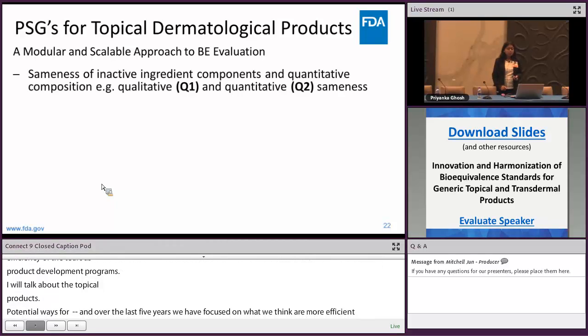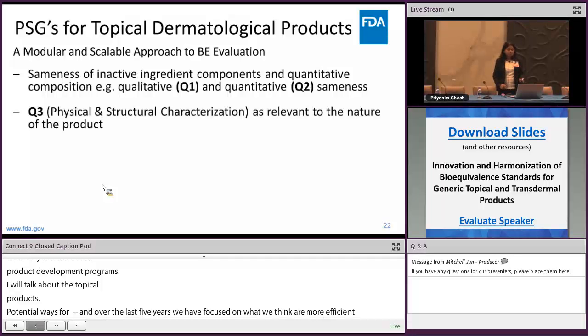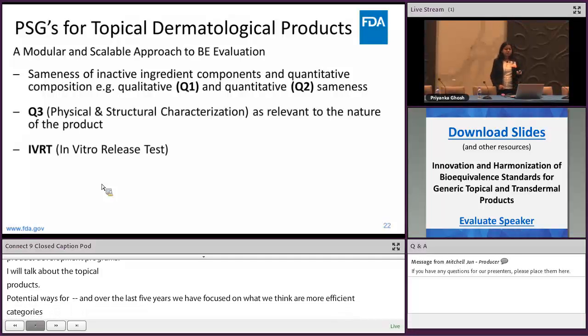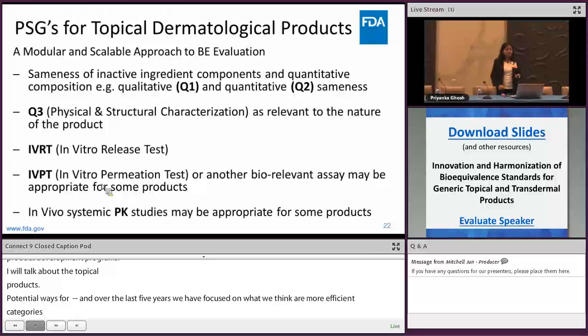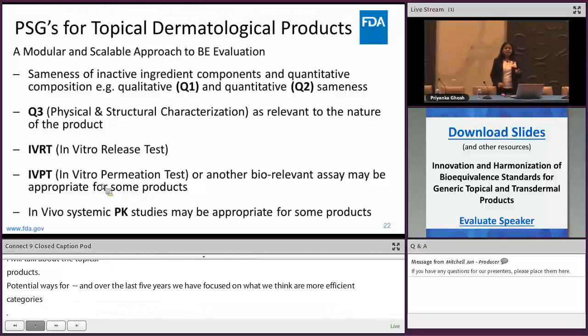I'm not going to go through this slide in a lot of detail because Dr. Rane already talked about what these different modules are: the formulation sameness, the physical and structural similarity, IVRT, IVPT, and PK, except for saying that this is a scalable framework because as the complexity of your drug product increases, so do the potential risks, so do the risks associated with potential failure modes for establishing BE.